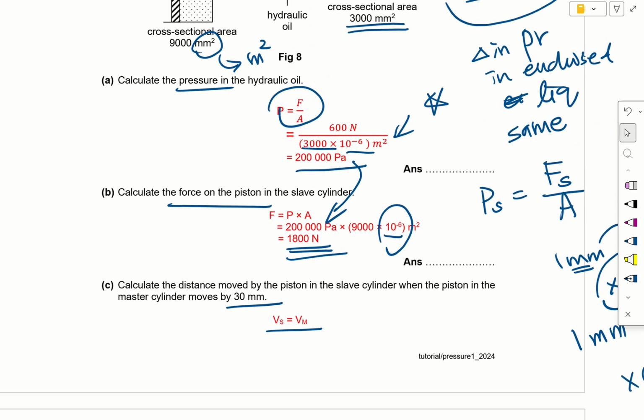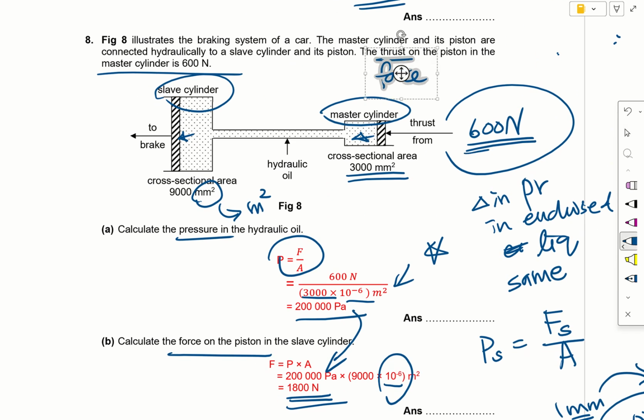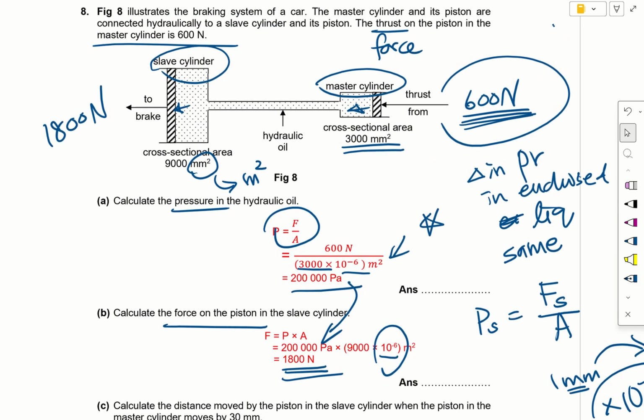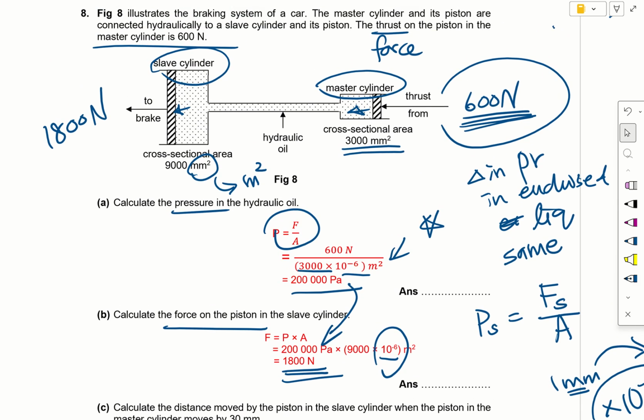So you see, even though the force exerted at the master cylinder is 600, and the force exerted at the slave cylinder is 3 times of it, the distance moved in the master cylinder will be 3 times the distance moved by the slave cylinder.